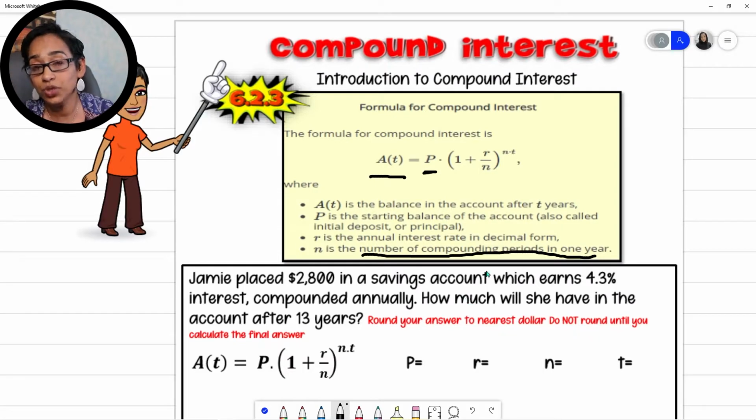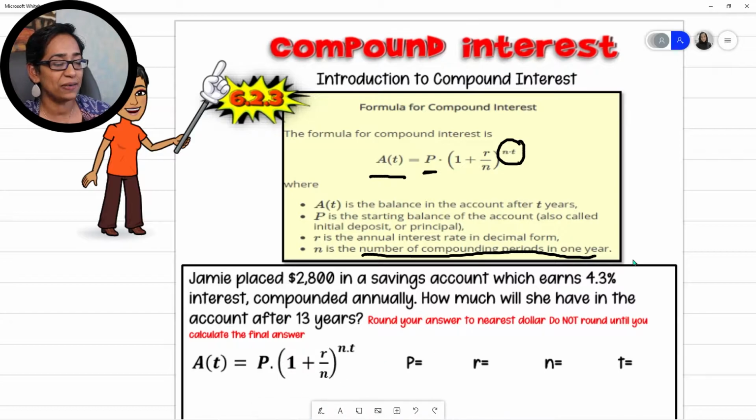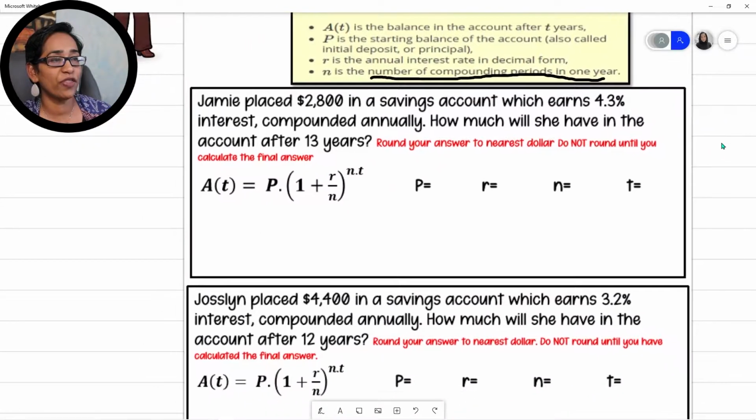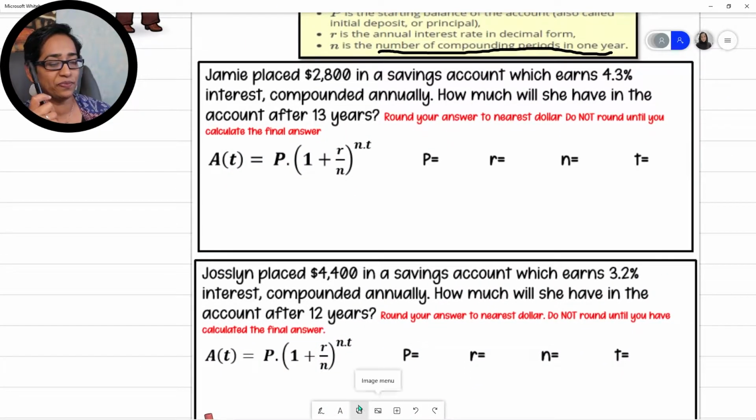How many times you're compounding it in a year. We're going to go ahead and take a look at those kind of problems as well. To the power n times t. Keep in mind you will be using your class calc to calculate all of these, so you should not worry about any of them. All right, let's go ahead and work on the first problem.